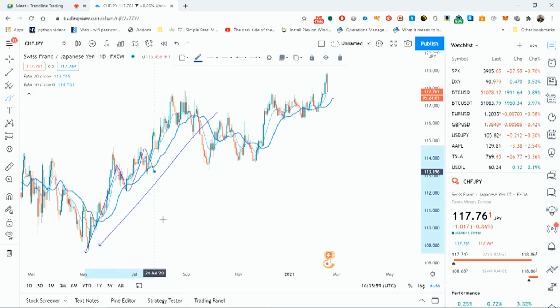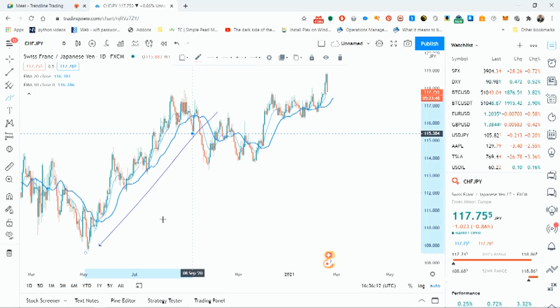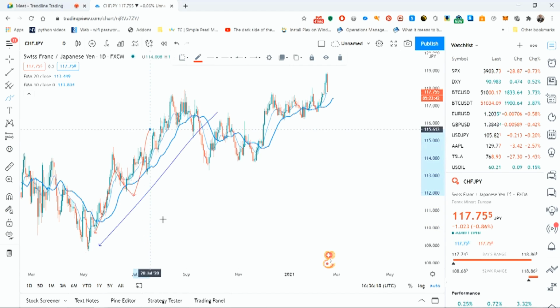I don't know if you could see that clearly, but the market is making higher highs and higher lows. Now, that is a market in an uptrend.